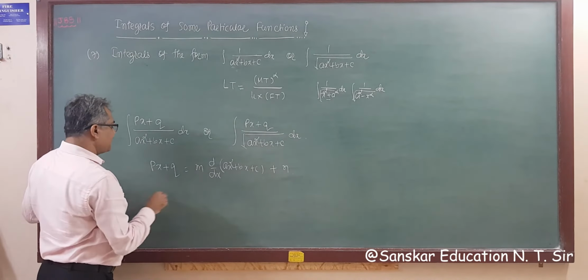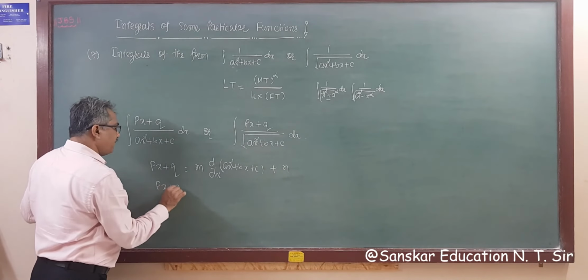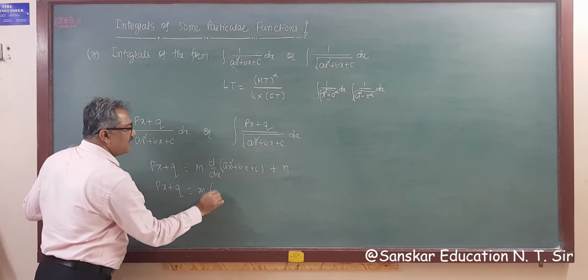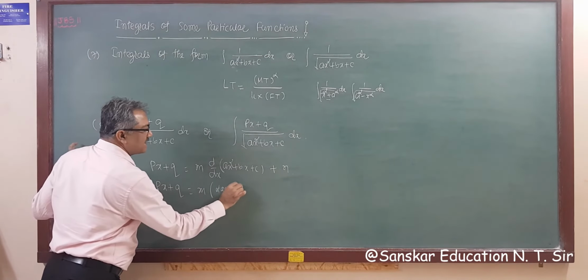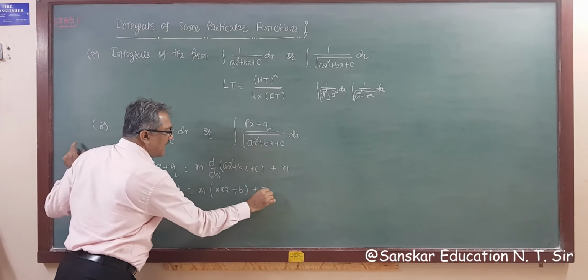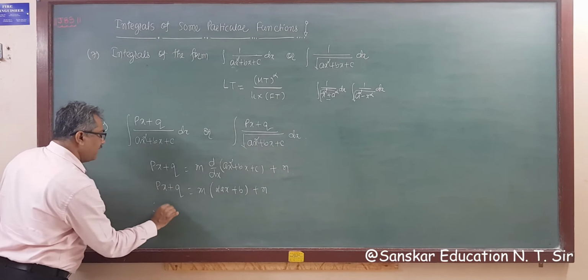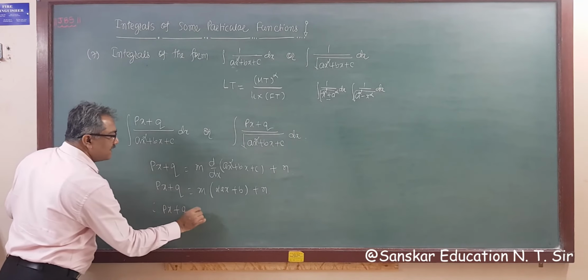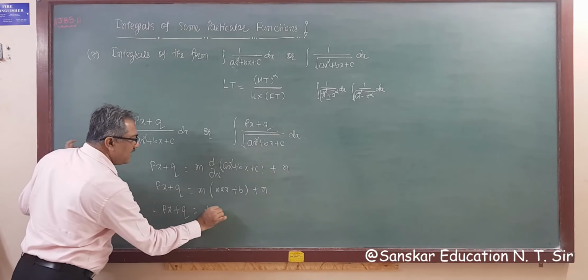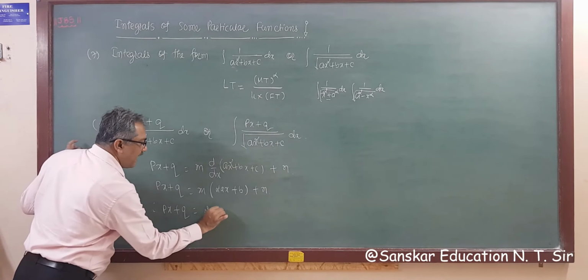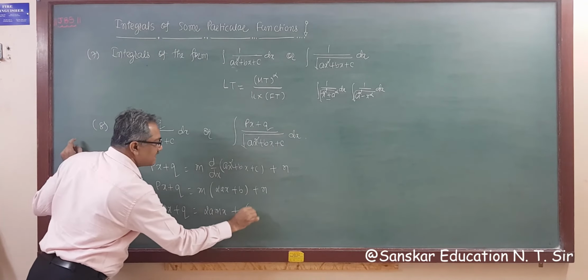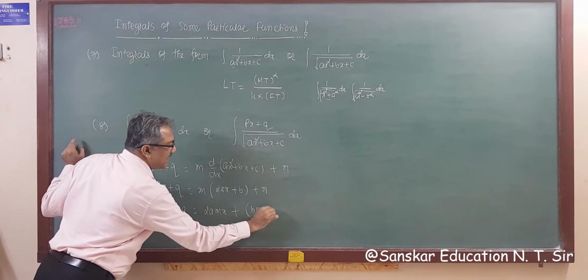The derivative of the denominator is 2ax plus b, plus n. So px plus q is equal to 2a mx plus bm plus n.